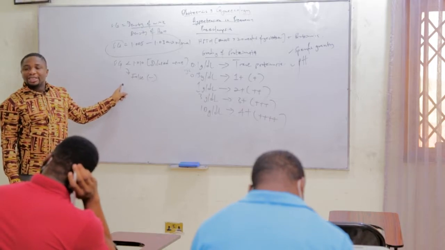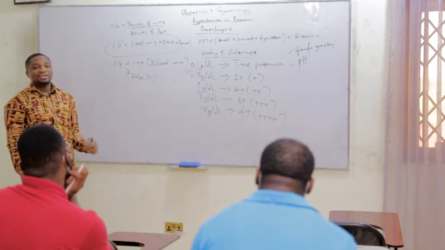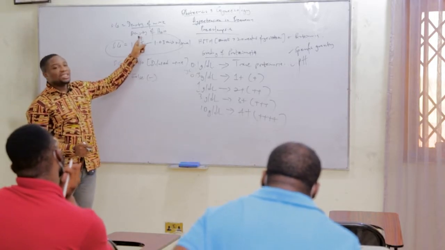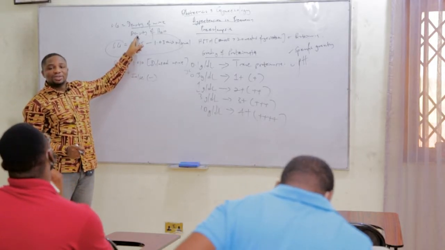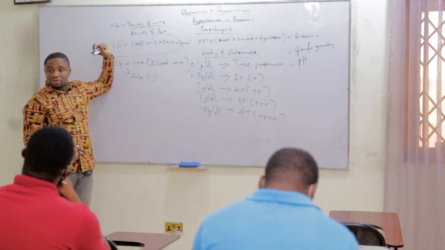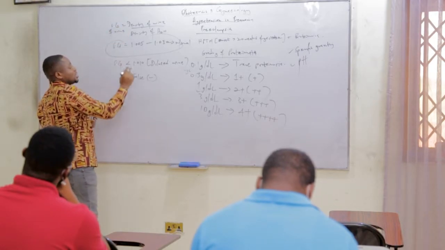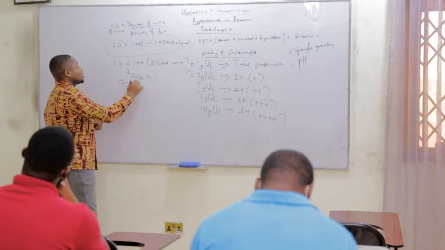Are we following? Then you should be asking yourself, what conditions can precipitate retention of water such that it will cause the specific gravity of the urine to be reduced? So what conditions can cause this?